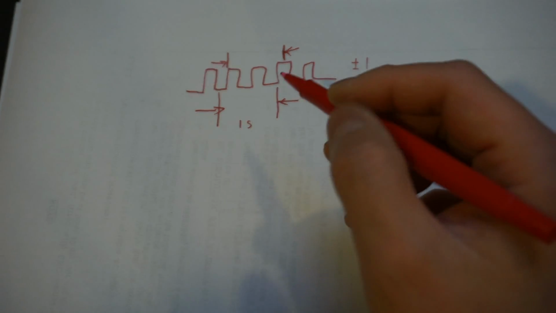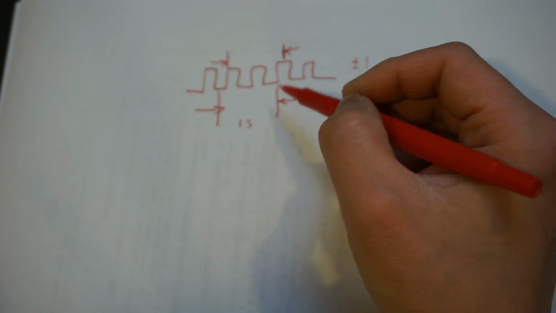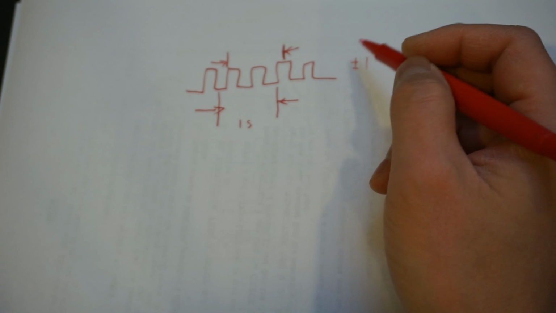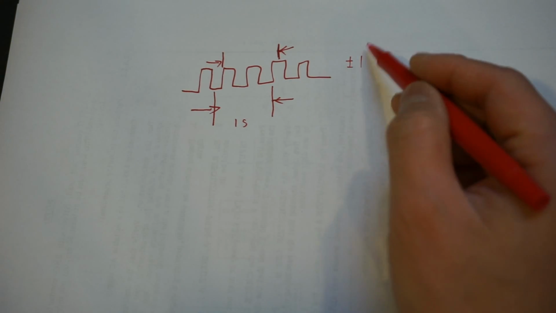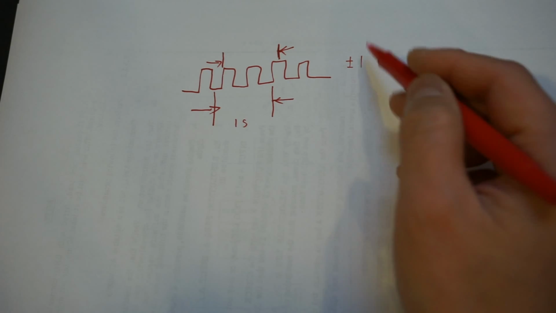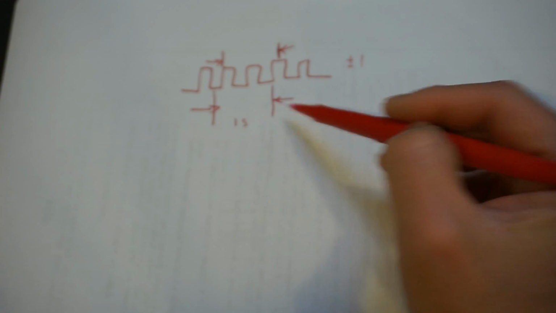But if the input frequency is much higher, let's say 1000 Hertz, then the plus minus 1 only accounts for about 0.1% of the error. So clearly, this plus minus 1 error is inversely proportional to the input frequency for a given gate duration.